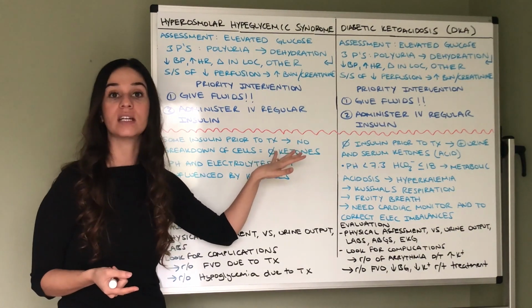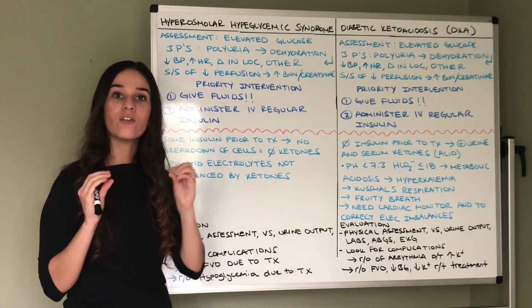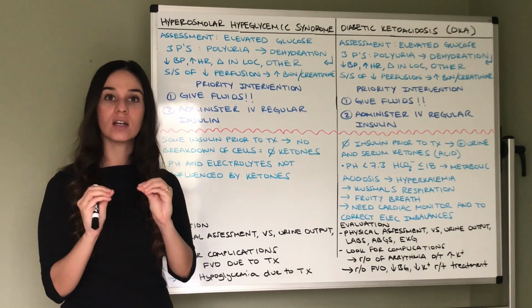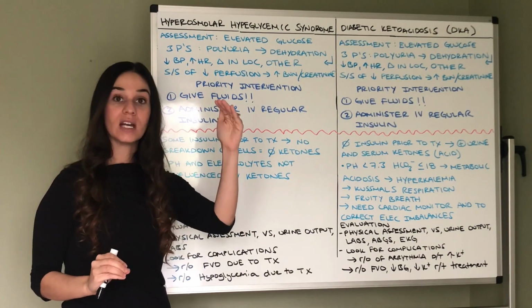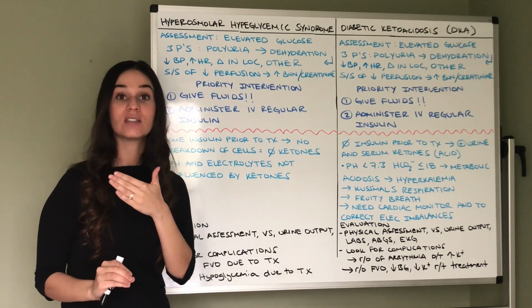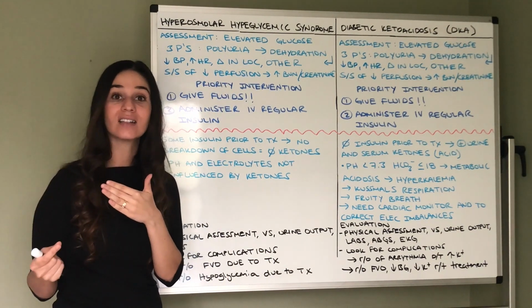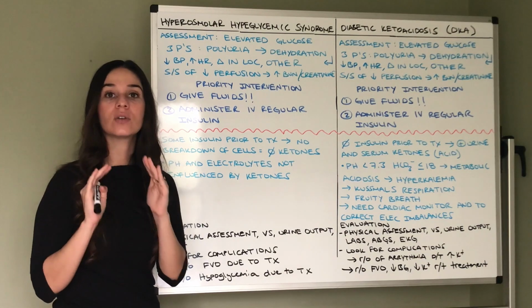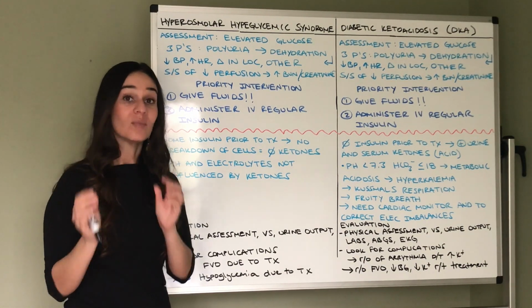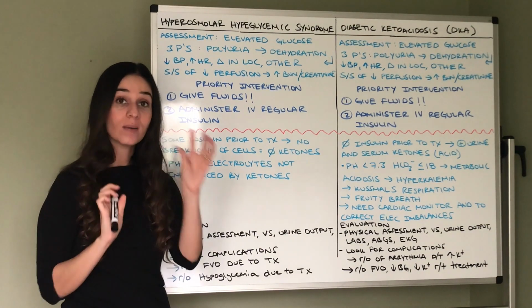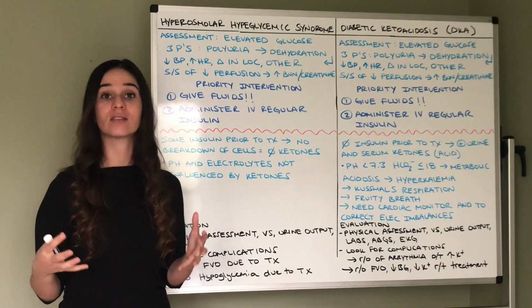Absolutely. I talk about how we give IV regular insulin. However, if you can do one thing and one thing only for HHS and DKA, their glucose is elevated and now they're showing signs of dehydration because of that excess polyuria, you need to give fluids. Fluids is your priority intervention because, again, circulation trumps hyperglycemia in Maslow's.